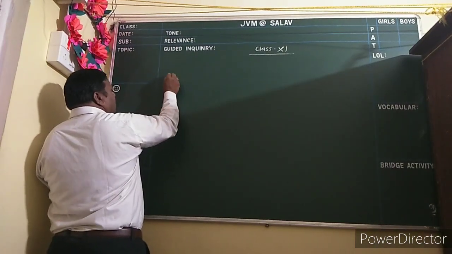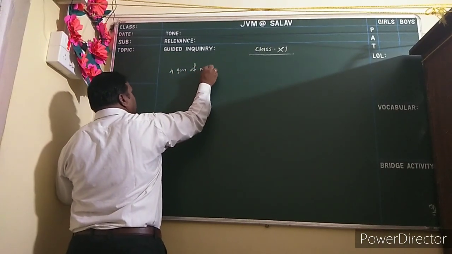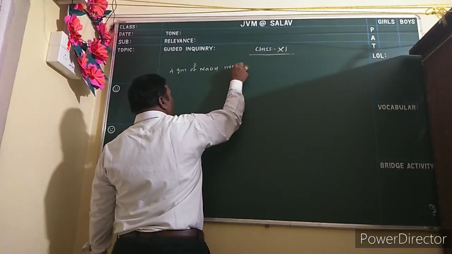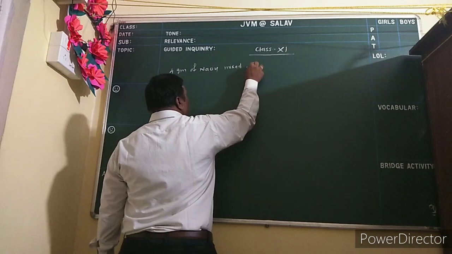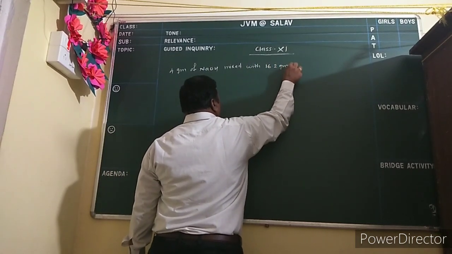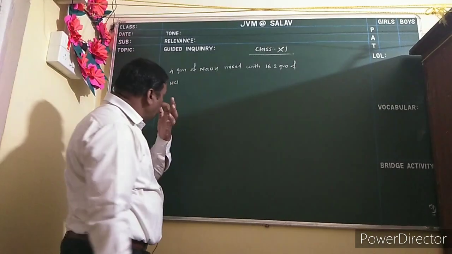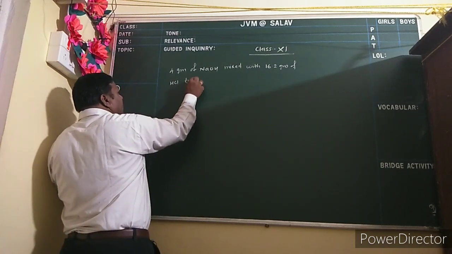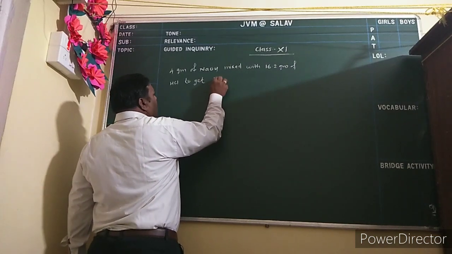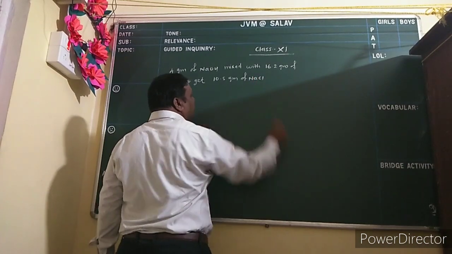Here 4 gram of NaOH is mixed with 16.2 gram of HCl to get 10.5 gram of NaCl.